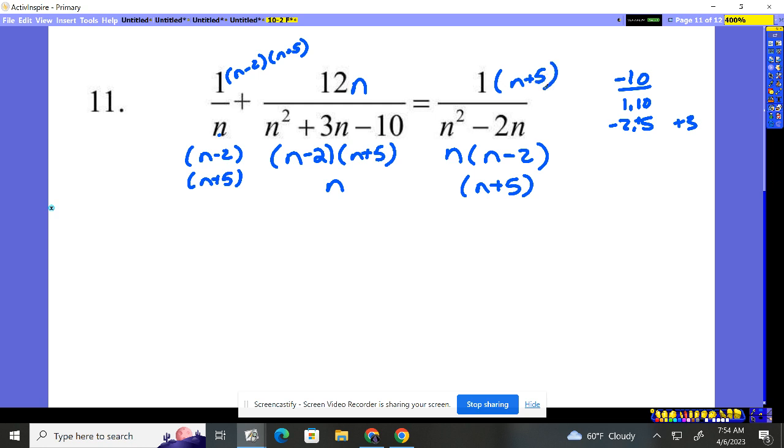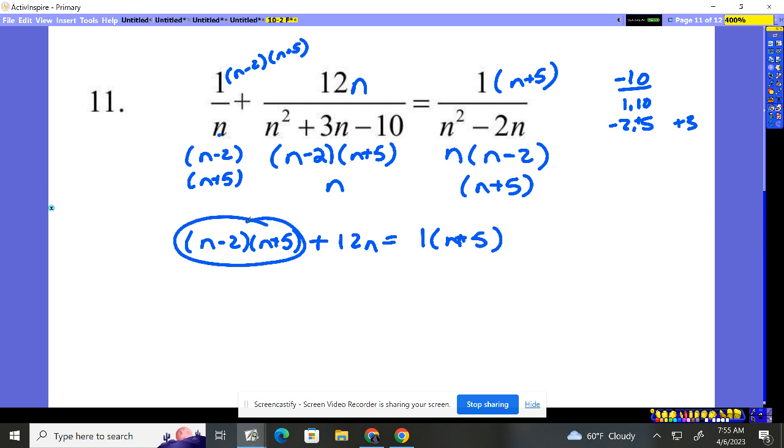All our denominators are exactly the same now, so we can set the left numerator equal to the right numerator. So we do 1 times the n minus 2, n plus 5, plus the 12n has to equal the 1 times the n plus 5.